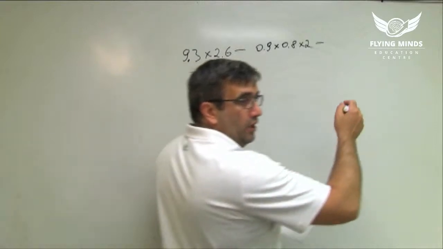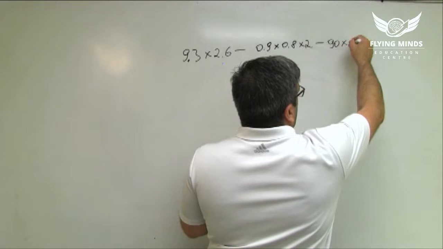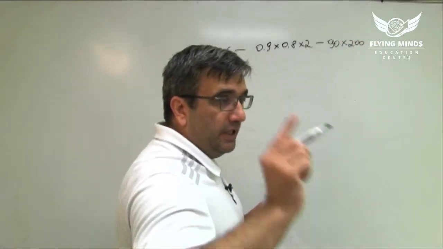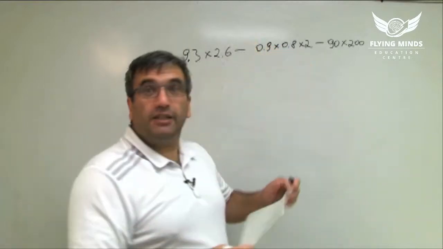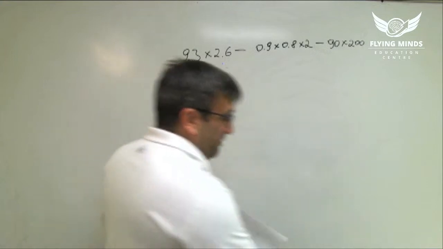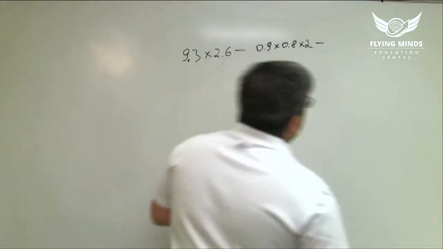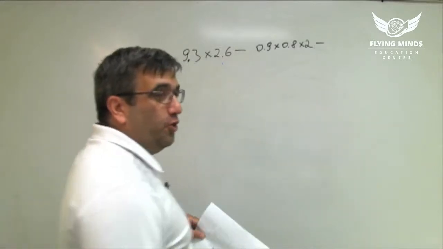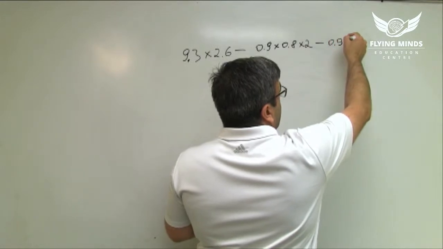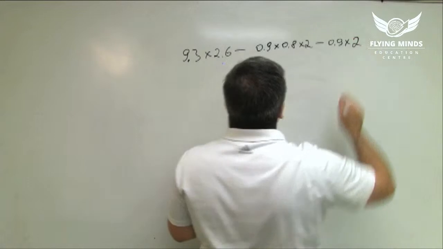the door, which is 90 by 200, right? And we should be careful because the dimensions of the door are given in centimeters, right? I almost made an error. So we need to convert it to meters. 90 centimeters we divide by 100, so it will be 0.9 times 200 centimeters is 2 meters, right?